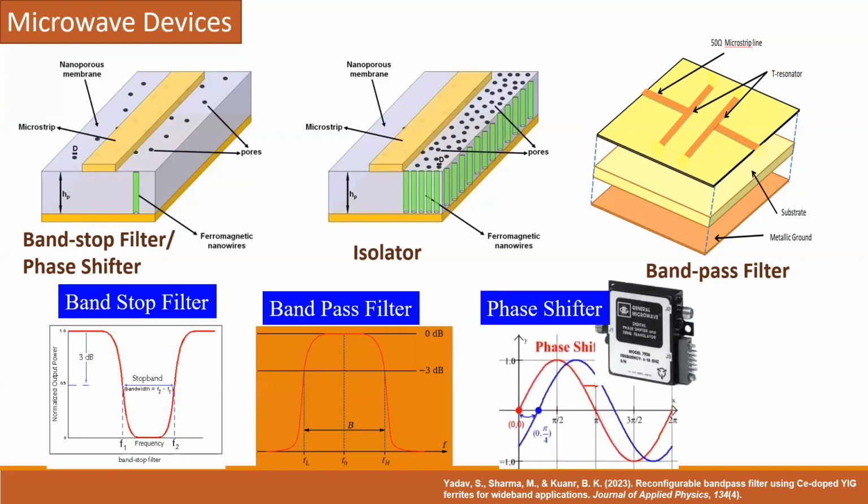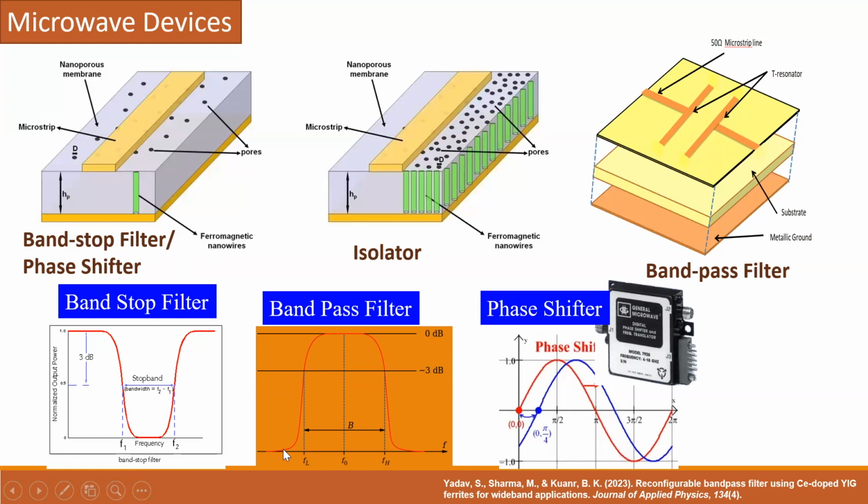To understand these: a stop band filter allows all the frequencies in a specific range, but stops a specific band of frequencies from passing through the signal. The band pass filter works in the opposite way.